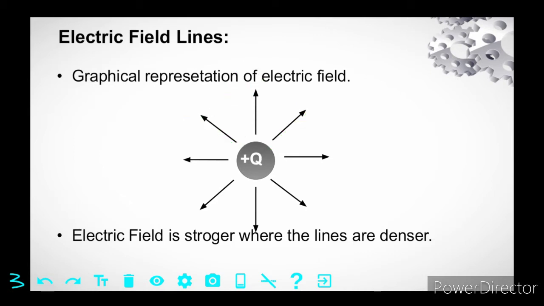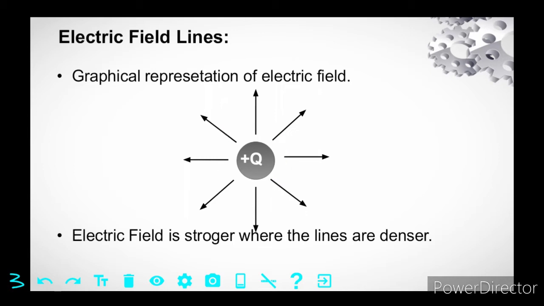There are some properties of electric field lines that we have to remember. One property is that the electric field is stronger where the lines are denser. In the region closer to the charge, the electric field lines are denser, which means the electric field is higher there.